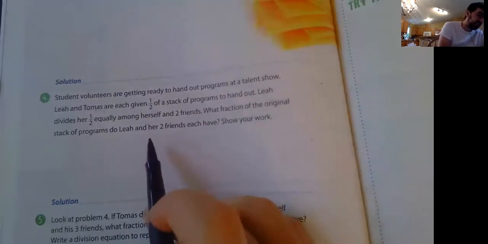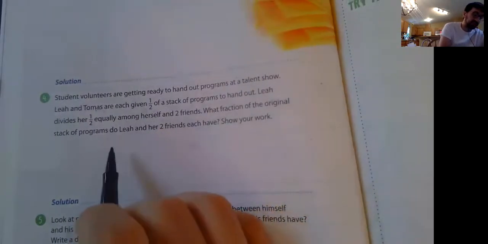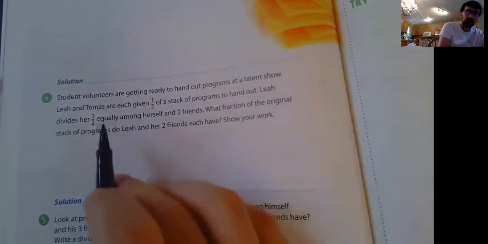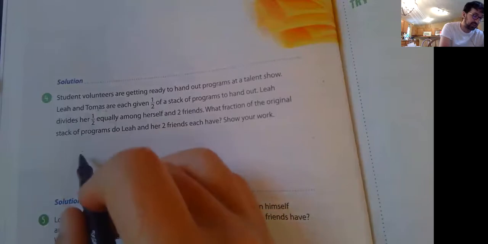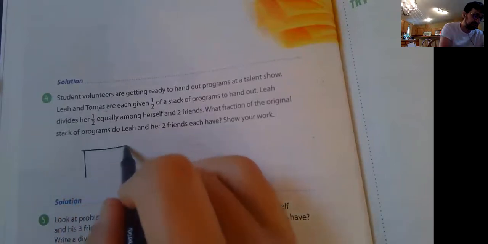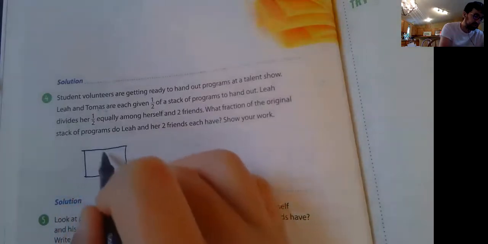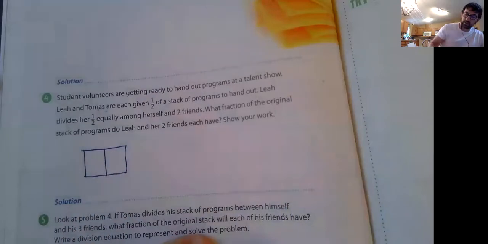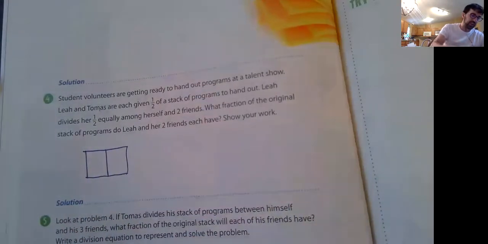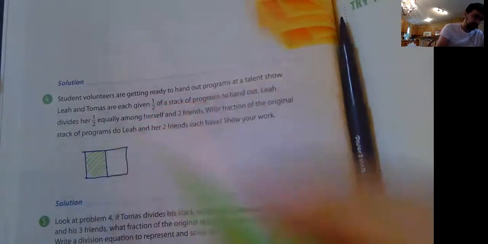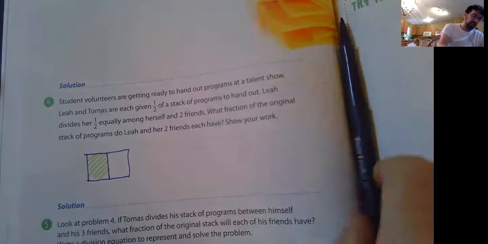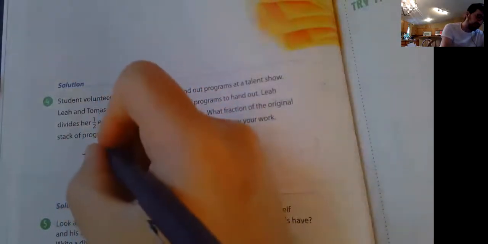Okay, so there's a stack of programs, right? Leah gets half of the stack. So right now Leah has half a stack. So I'm going to draw Leah's. So this is Leah's half stack, right?